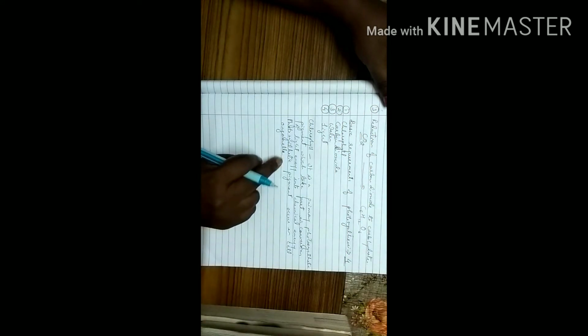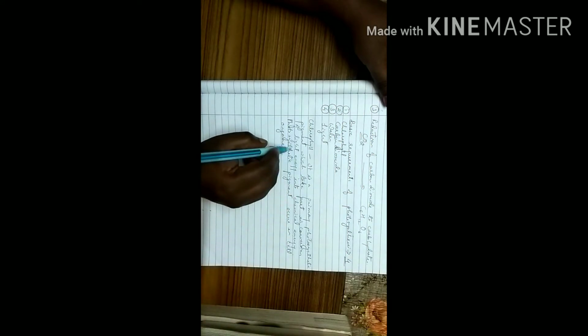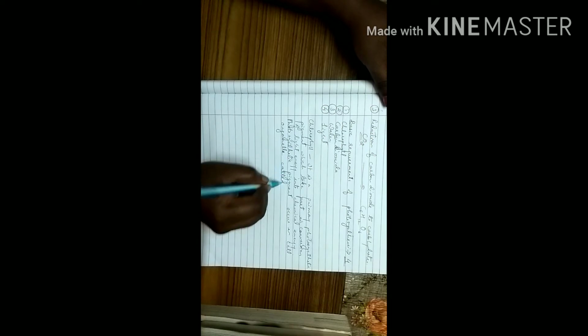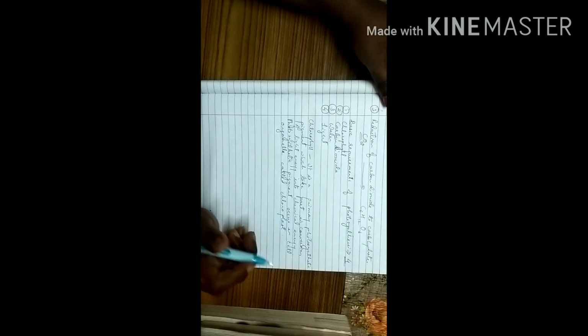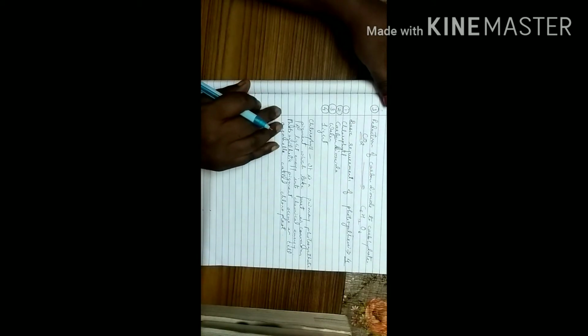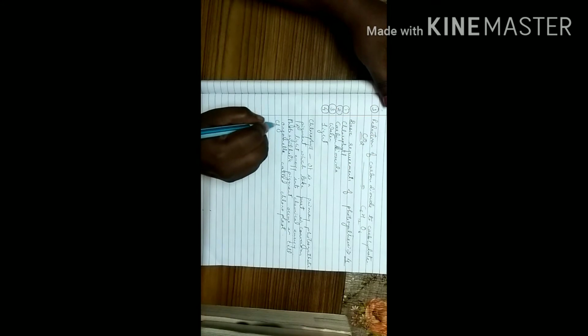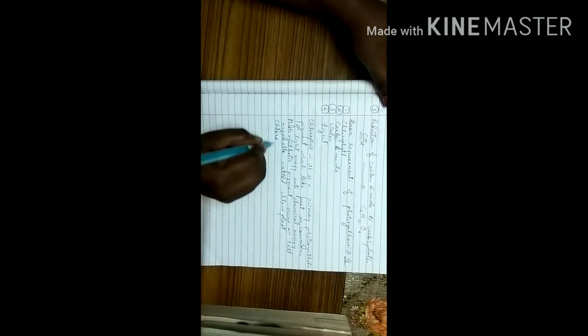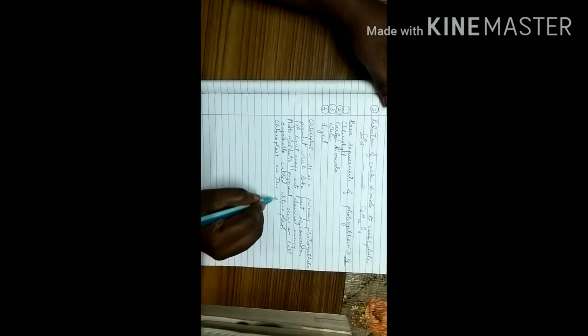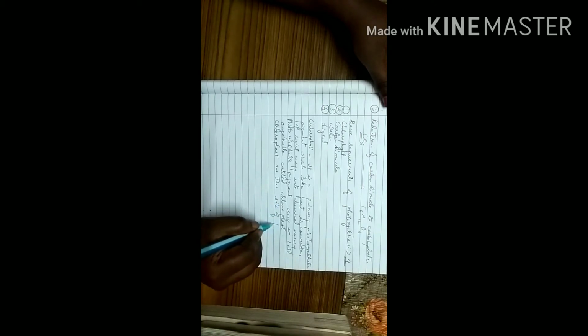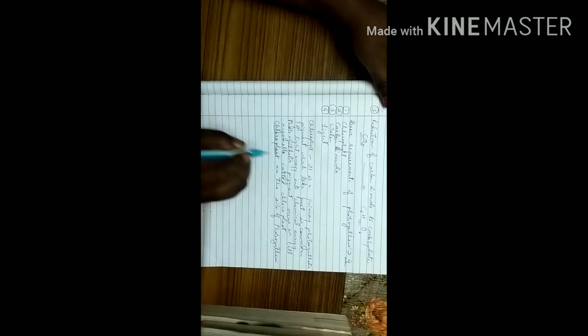So photosynthetic pigments occur in cell organelles called chloroplasts. This chloroplast is the site of photosynthesis. Understood?